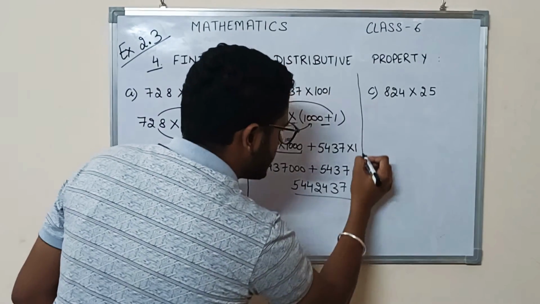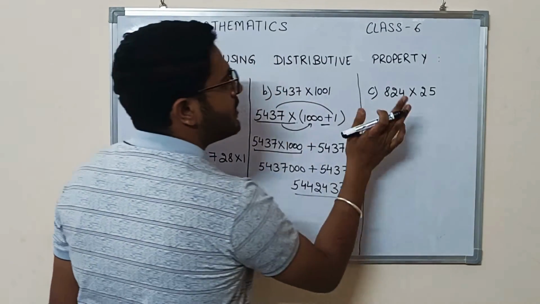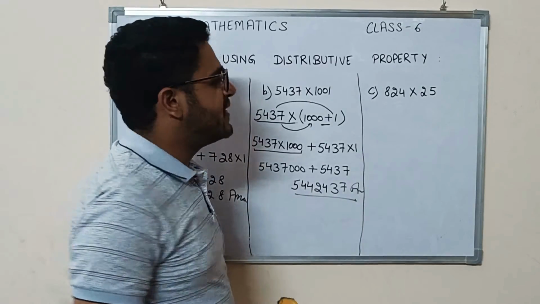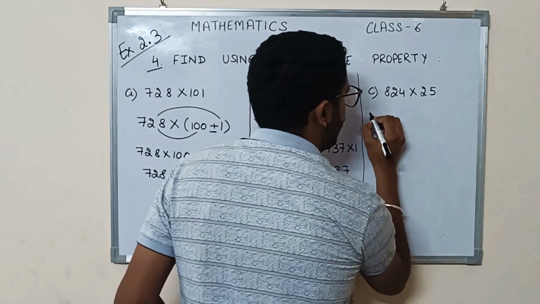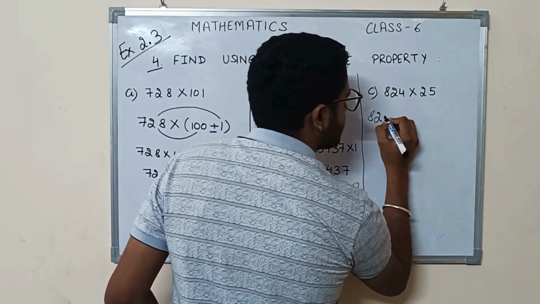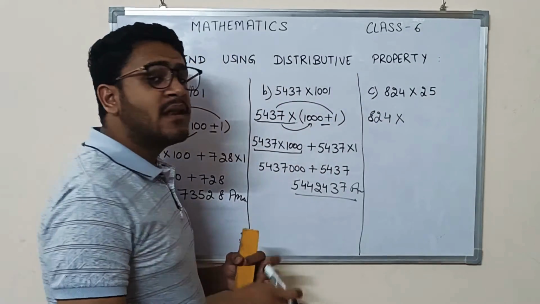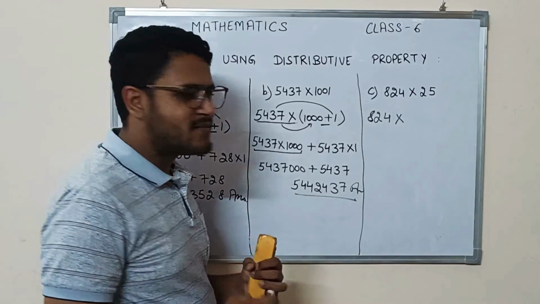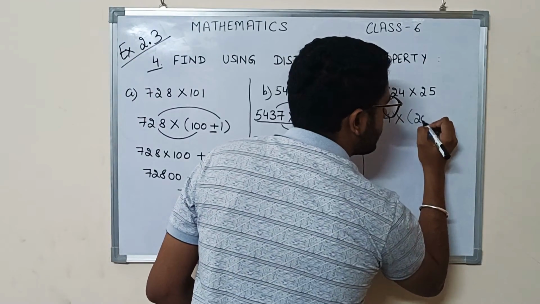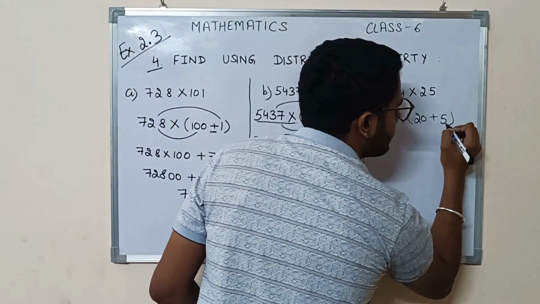Now move to the third part. We have 824 multiplied by 25. How will you do this? 824 multiplied by 25; can I write 25 as 20 plus 5? Let's write it as 20 plus 5.